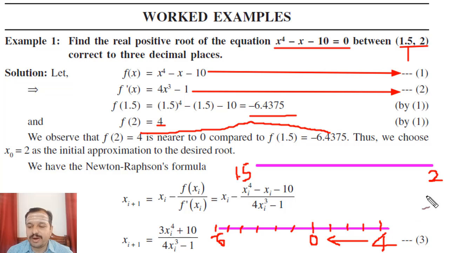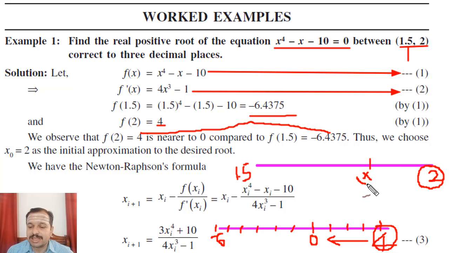So therefore the value 2 at which we got f of 2 is 4, this value is closer to 0. Therefore 2 will be nearer to the desired root. Say for example, the desired root is x.